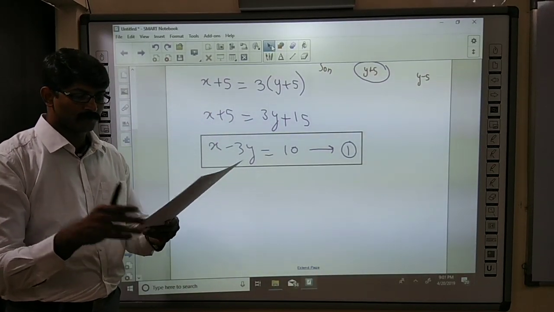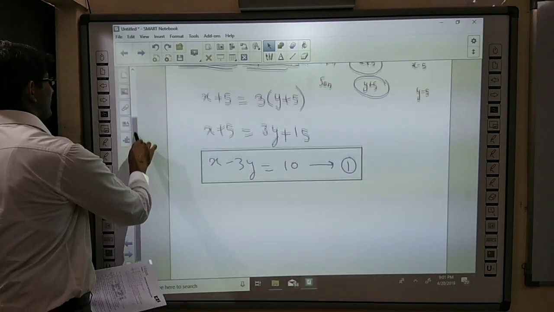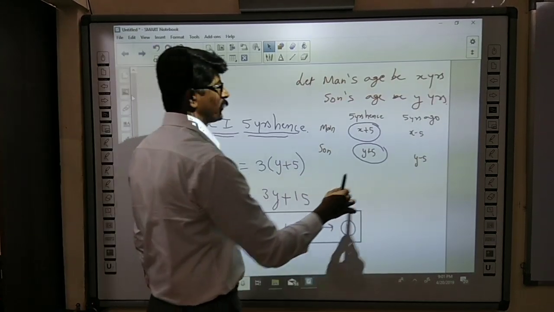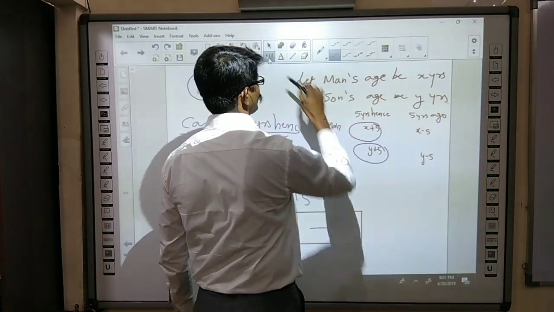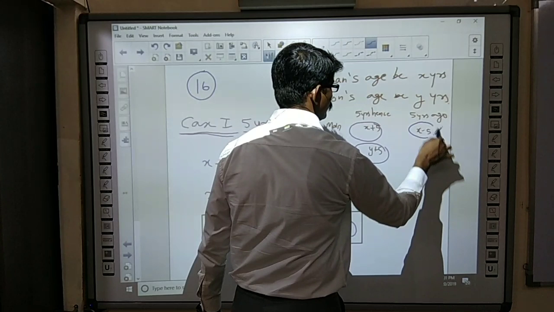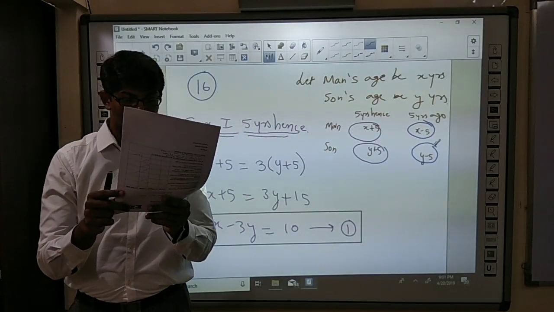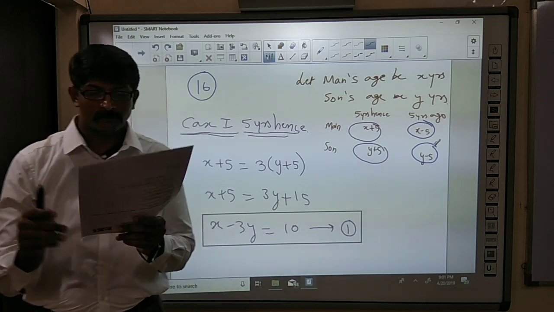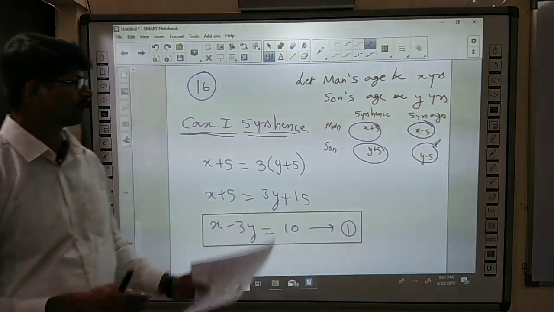And there is one more part of the sum, 5 years ago. Now when I am reading the 5 years ago case, I will pay attention to these. 5 years ago, a man was 7 times as old as his son.